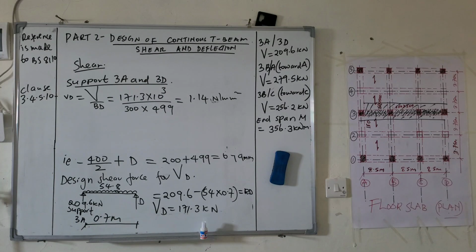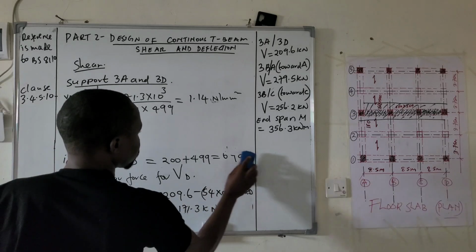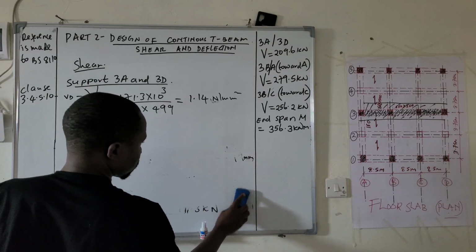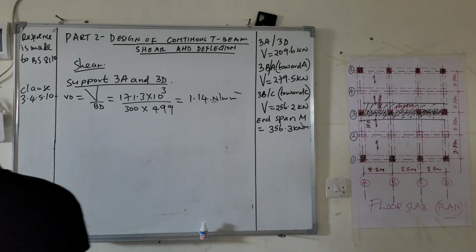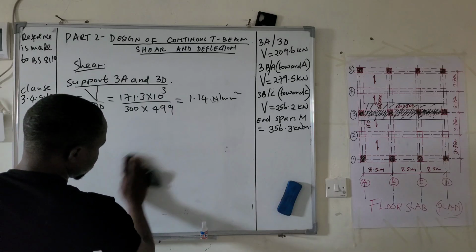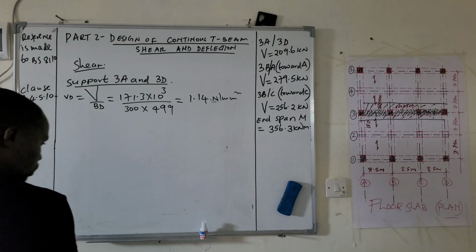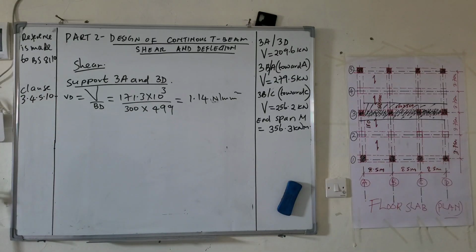So that is our shear stress at the critical point, which is D. After obtaining this 1.14 Newton per millimeter square, we proceed to vc, the shear stress in concrete.